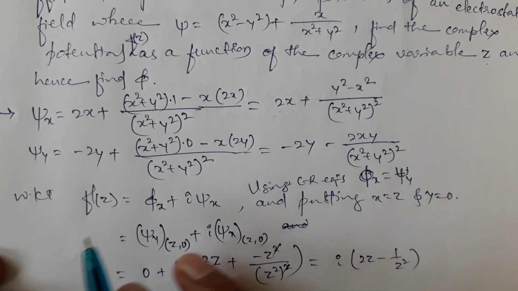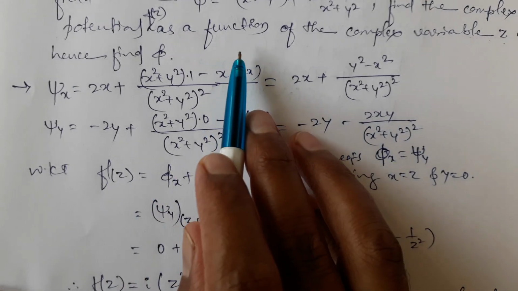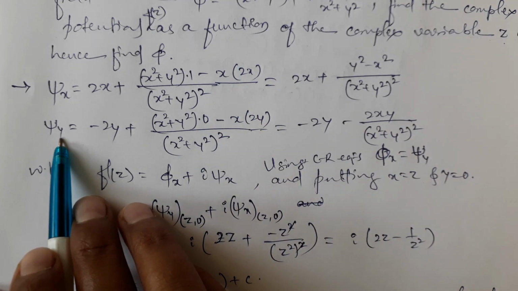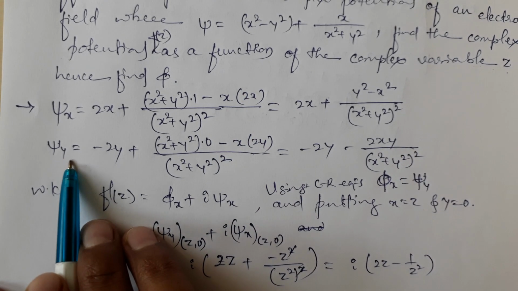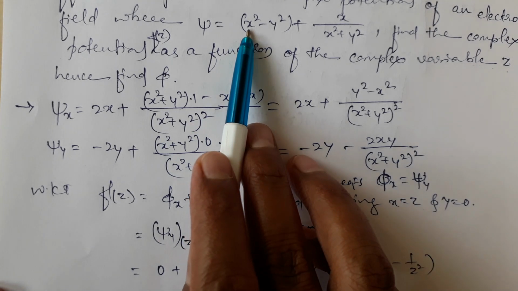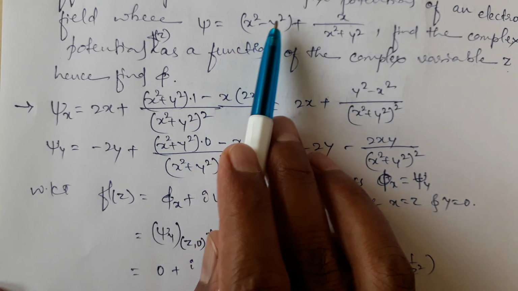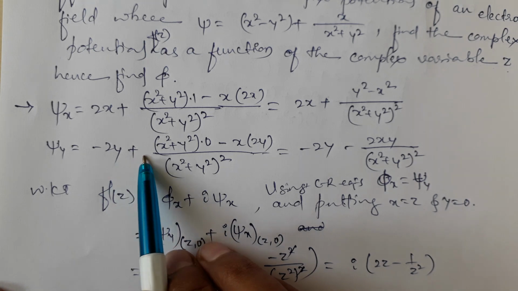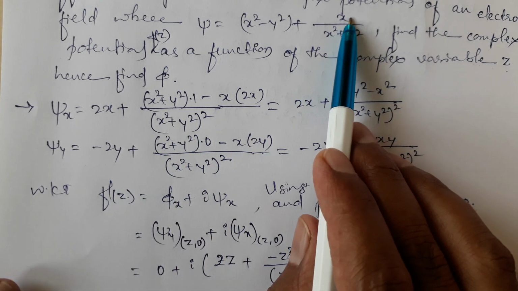Now ψ partially with respect to y, therefore ψy: the x term is 0 and −y² gives −2y, plus again the u by v rule.